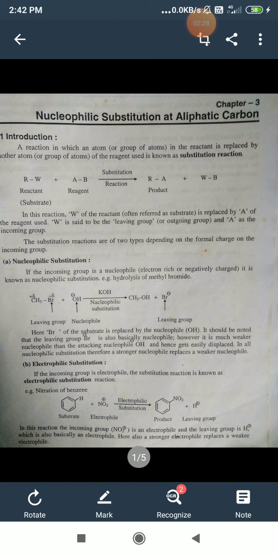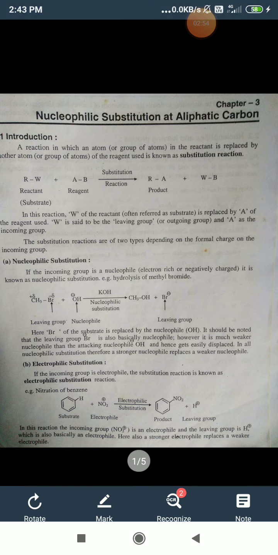OH minus is a nucleophile. First of all, this nucleophile attacks the CH3 group and the leaving group leaves from the substrate, and then methanol is formed as a product plus the leaving group Br minus. Here Br of the substrate is replaced by the nucleophile OH.